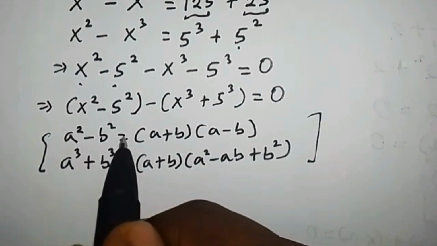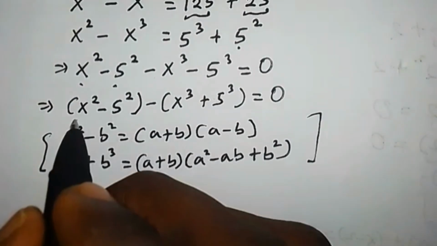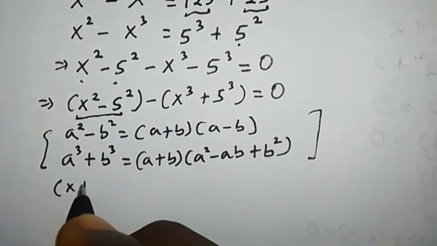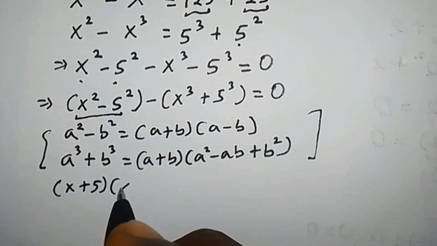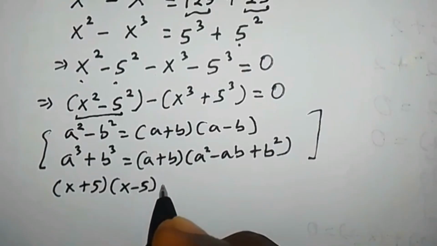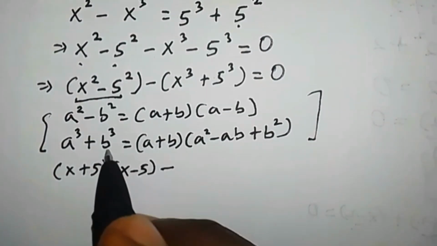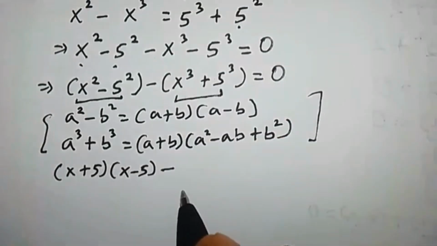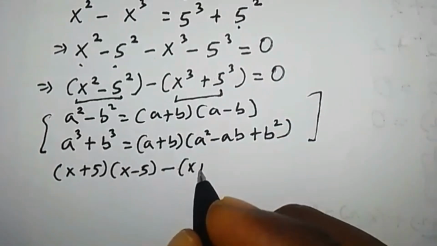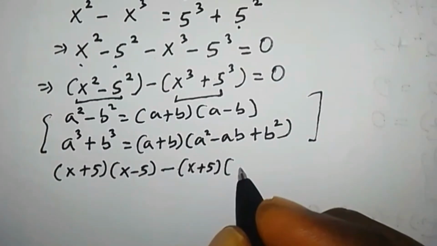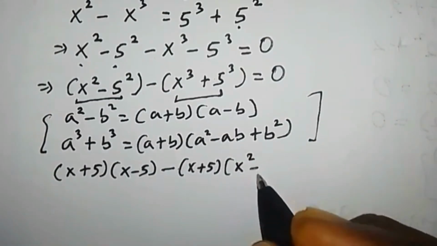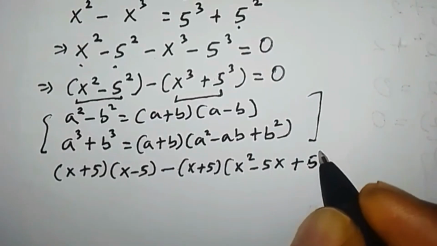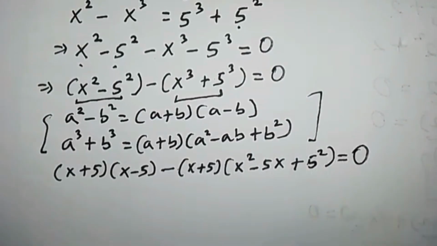Applying this identity on this first, we simply have x plus 5 times x minus 5, minus, applying the second identity on this, x plus 5 times x square minus 5x plus 5 square, everything equal to 0.